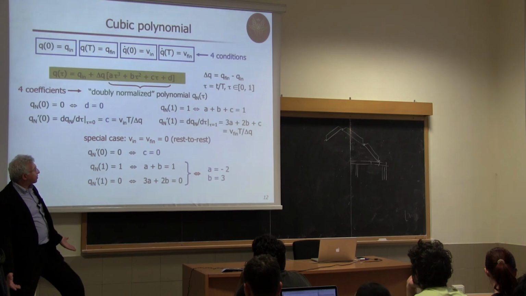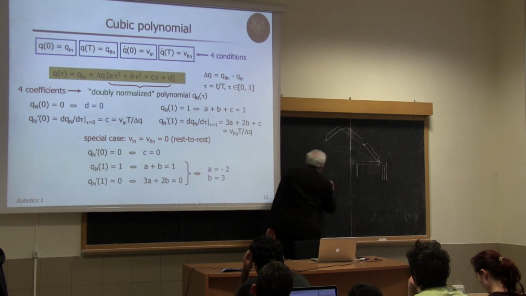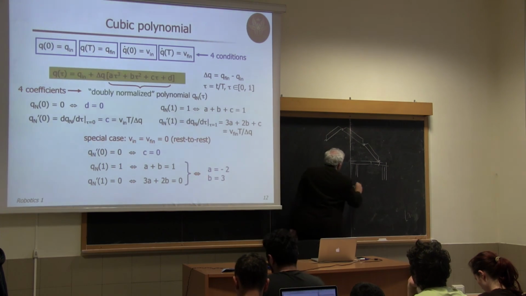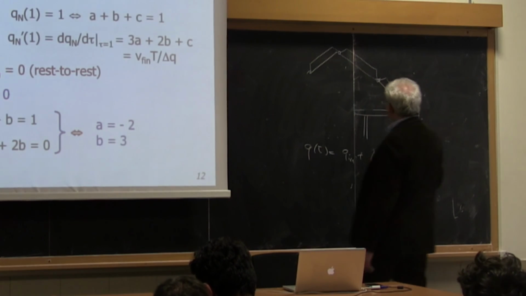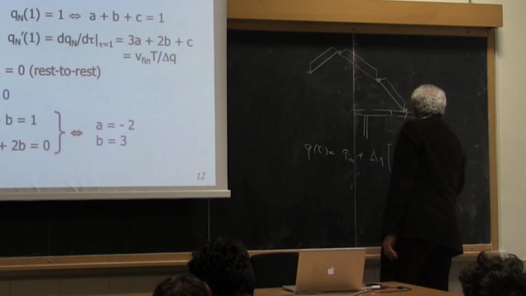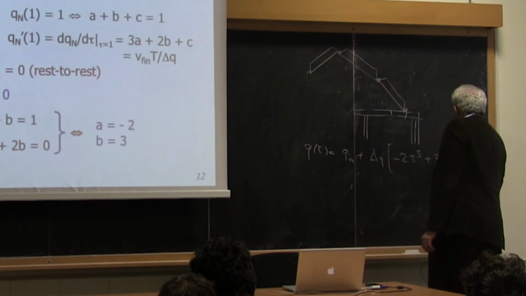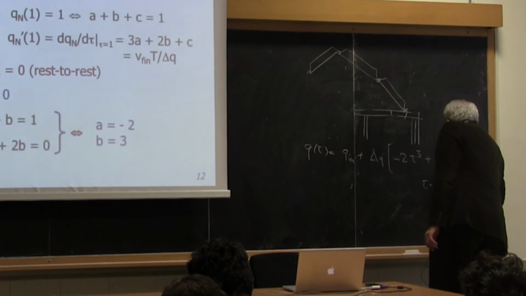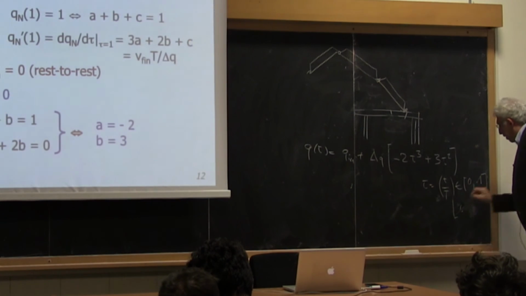So the final result is a polynomial q of tau, which is q in plus delta q times minus 2 tau cubed plus 3 tau squared, with tau equal to t over capital T in 0, 1.